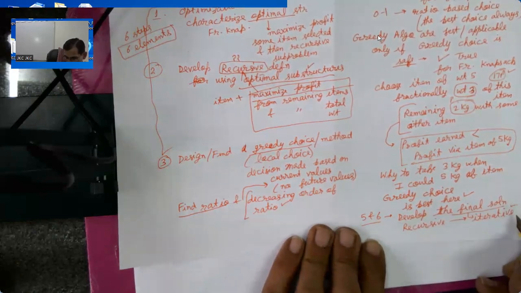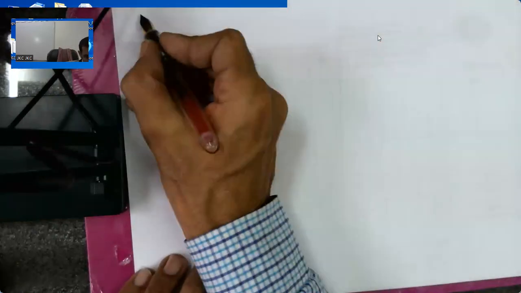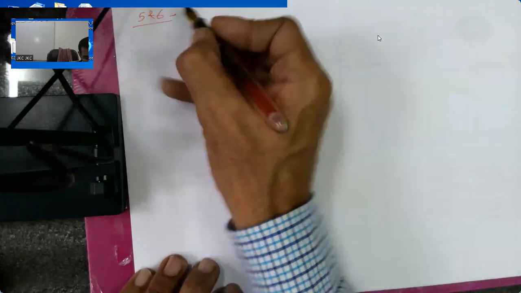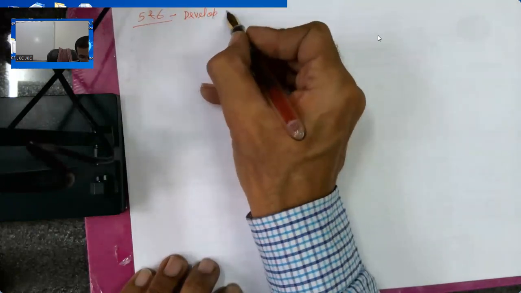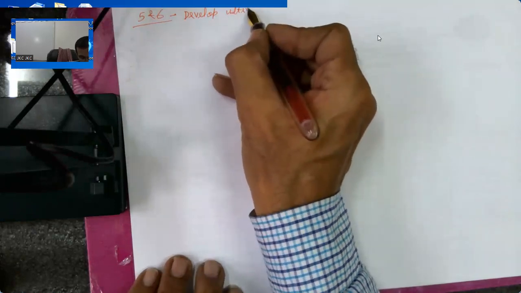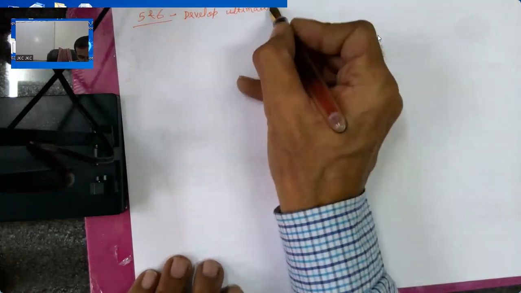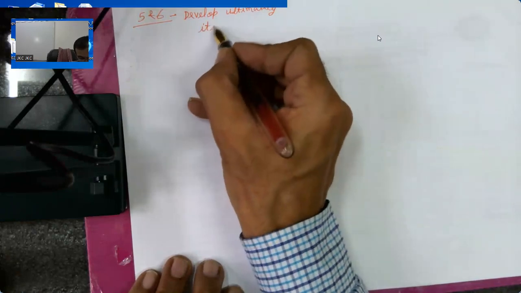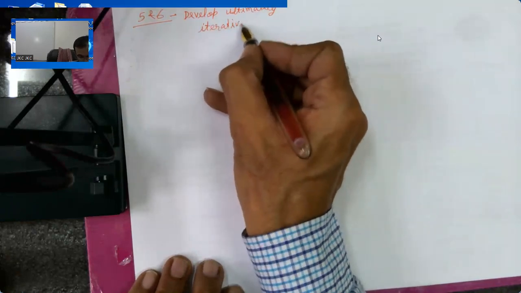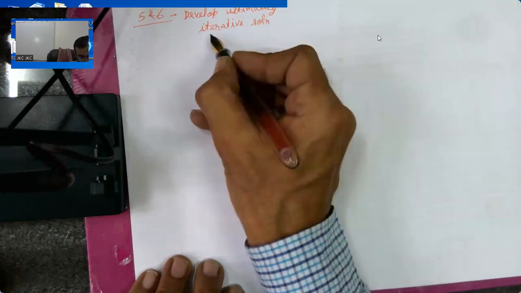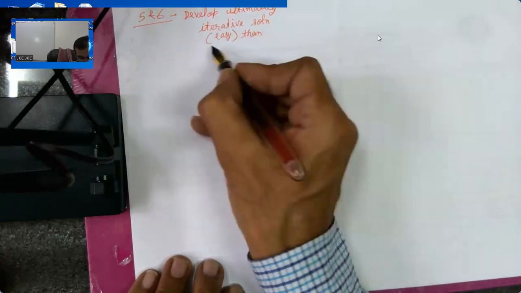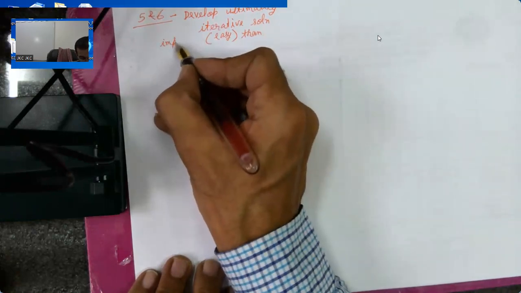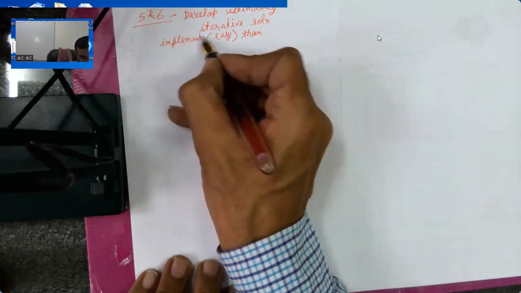So steps 5 and 6 can be common, but effectively what do they do? They ultimately develop the iterative solution. The purpose of saying iterative is that the implementation will be easier than the corresponding recursive one.